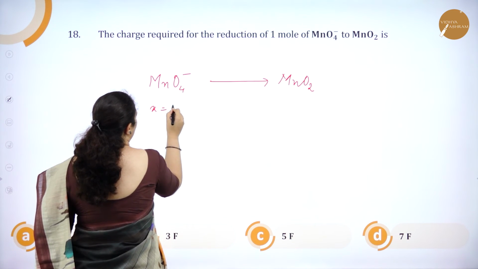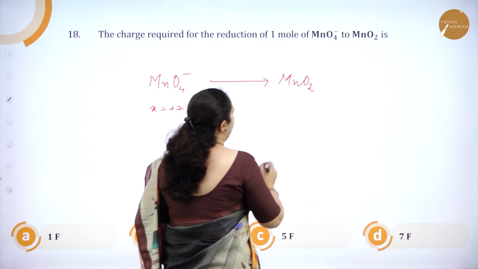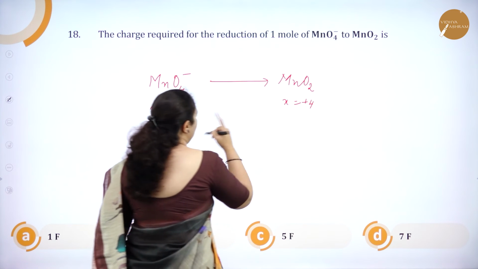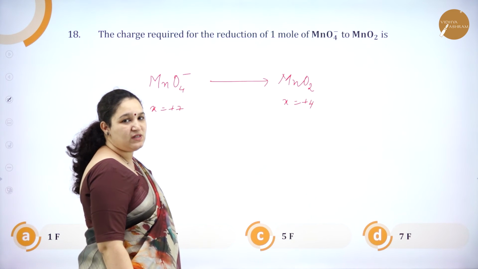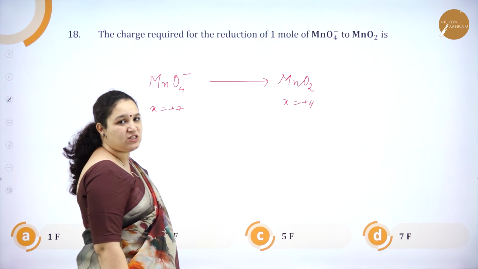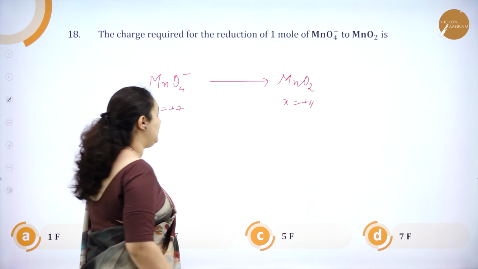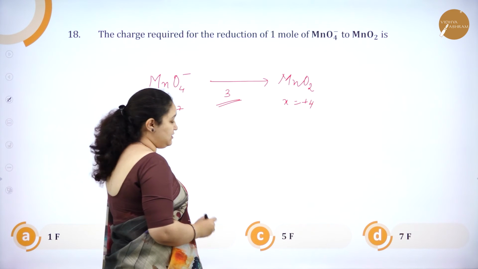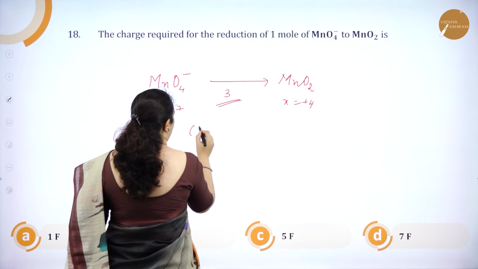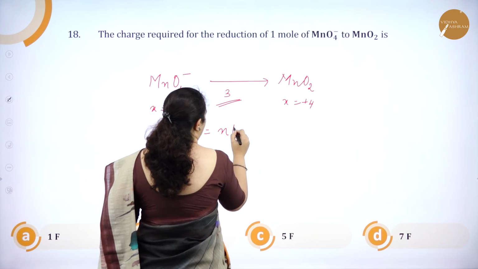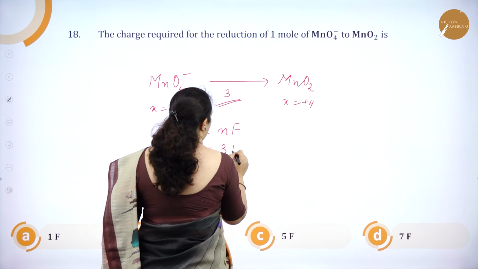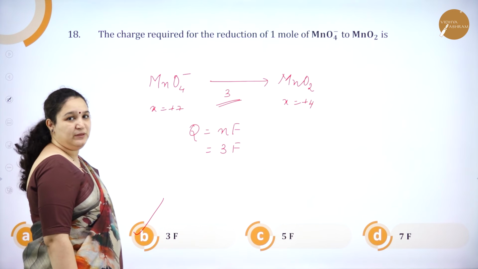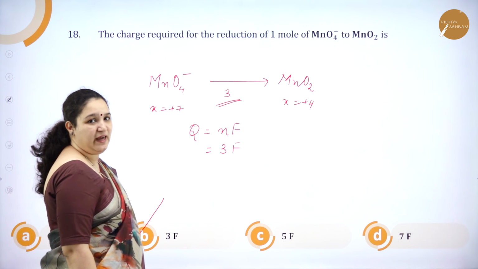Here x is equal to +7, and here I'll get x is equal to +4. So 7 to 4, what is the change in oxidation number? It is 3 units. Correct? Thus, Q is equal to nF. n is 3. So, it is 3F. Answer is option B, which is 3F.